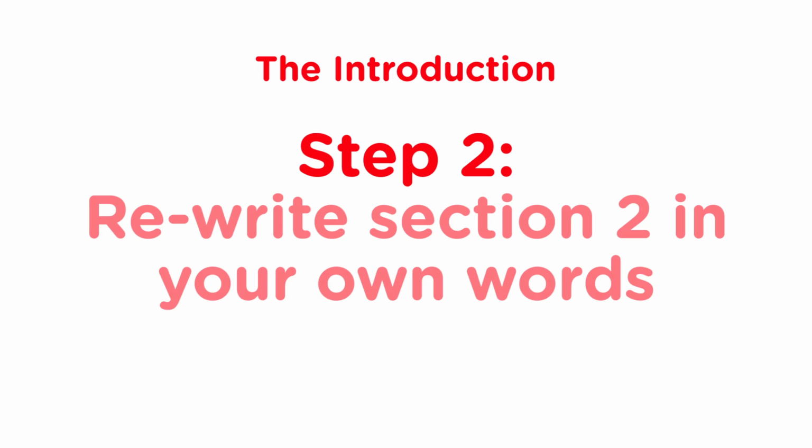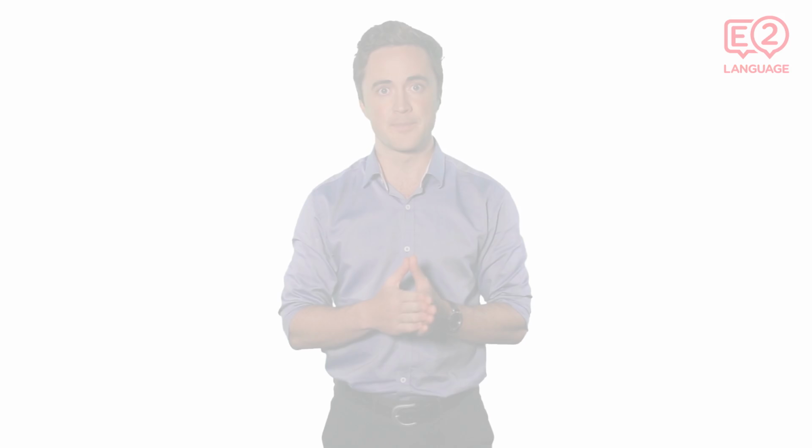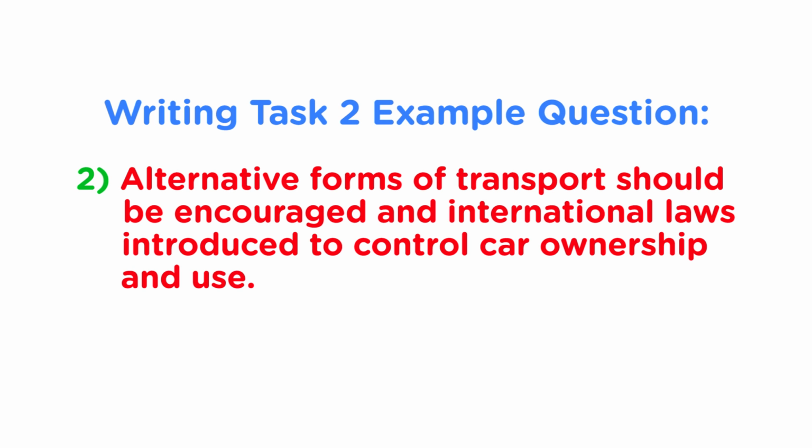Step 2, rewrite section 2 in your own words. Let's look at section 2 of the question prompt. It says, alternative forms of transport should be encouraged and international laws introduced to control car ownership and use. Let's rewrite this section in our own words.